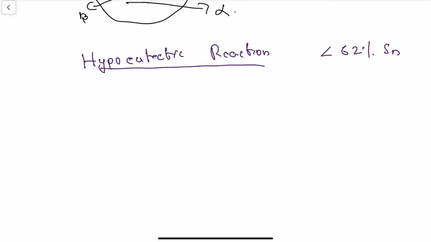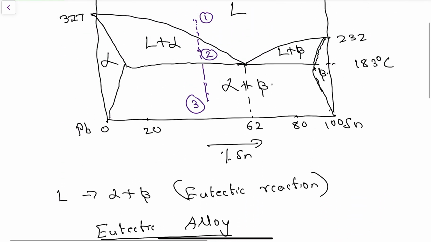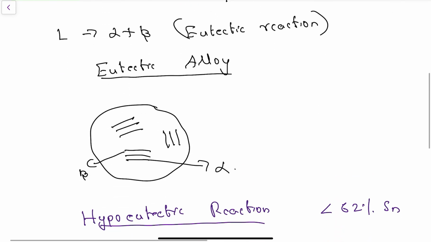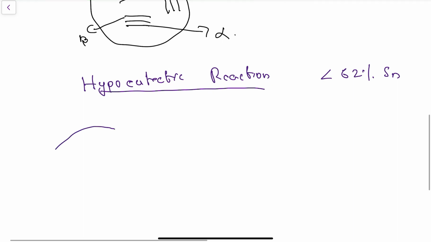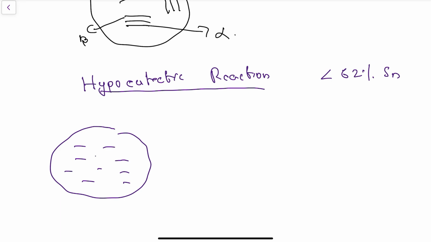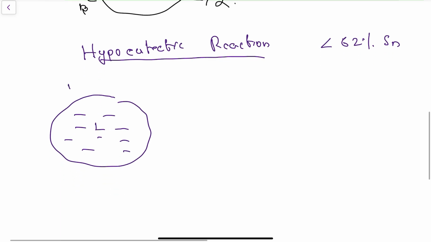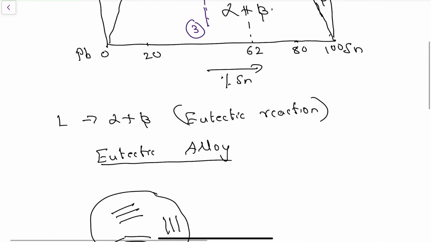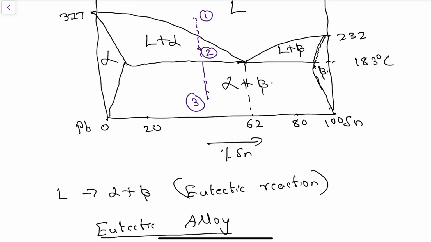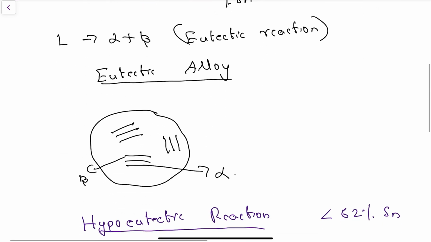So let us look at the microstructure evolution here, from 1 to 3. What is the microstructure at position 1? We know that the phase is completely liquid. So this is 1. What happens when it crosses the liquidus line? When it crosses the liquidus line, you know that it is liquid plus alpha.